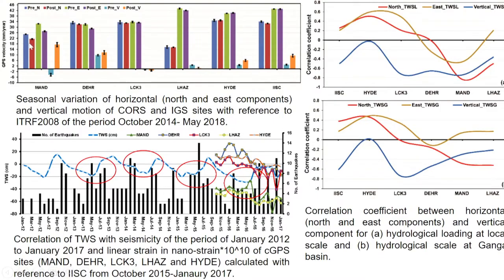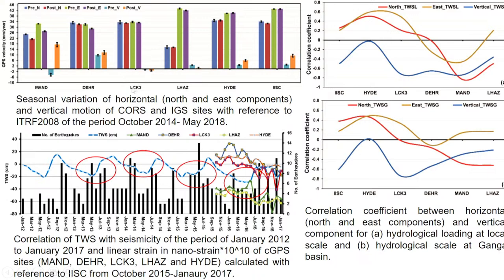These are the seasonal velocities. You can see that the north component is larger during the pre-monsoon as compared to the post-monsoon, and the vertical goes down during the pre-monsoon and up in the post-monsoon. This station was established in the Chamoli region, and in Dehradun we can also see a similar contribution, but in the horizontal it is not as high as at the Chamoli station.